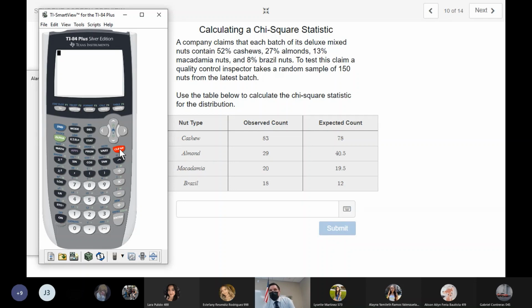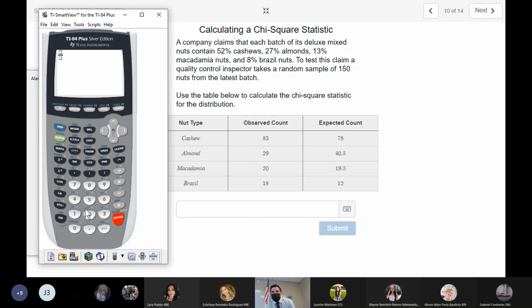So the best way to do this is to do all of it in one shot in your calculator. In this case, we're going to use our little fraction function, which we can do with alpha y equals, and then hit enter, and we get a fraction.